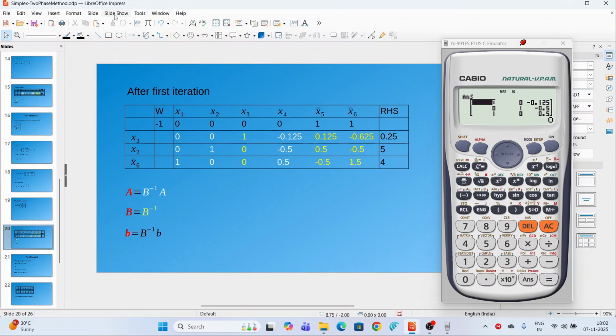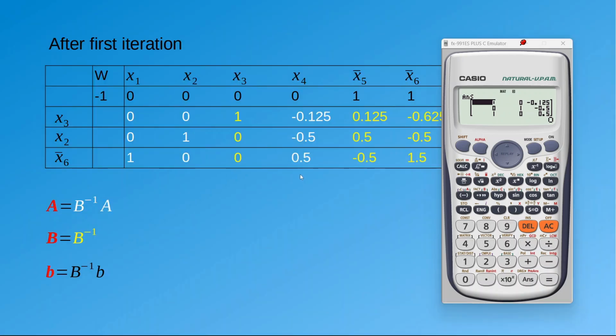There we are, current slide. So that's going to be B inverse. Shift 4 and the inverse of that. So we have this. Now we have reached the optima for phase 1.